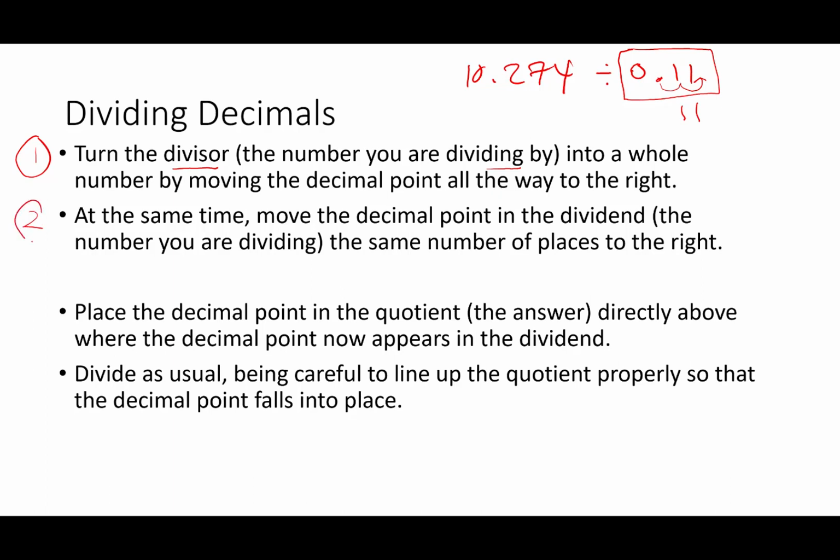Then step number 2, at the same time, we move the decimal point in the dividend, which is the number you are dividing. In this case, 10.274. Now we moved the decimal point for 0.11. We will do the same for 10.274, right? By moving it 1, 2 decimal places here, right?